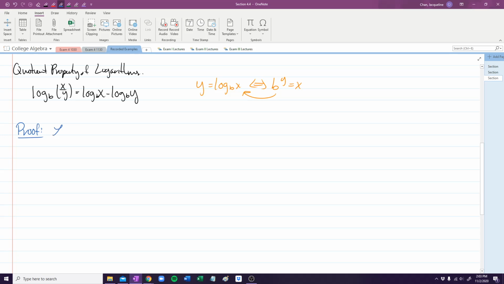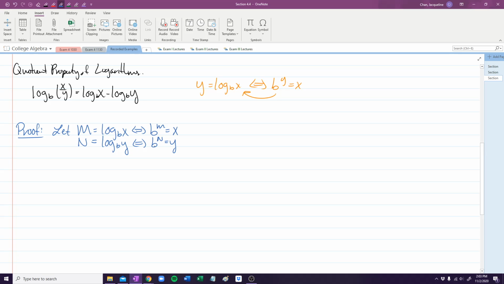We're going to let m equal log base b of x, and we're going to let n equal log base b of y. So this is equivalently written as b to the m equal to x, and this is written as b to the n is equal to y.